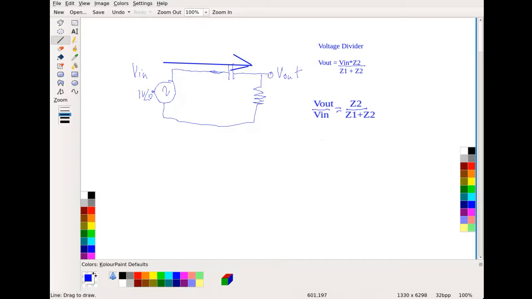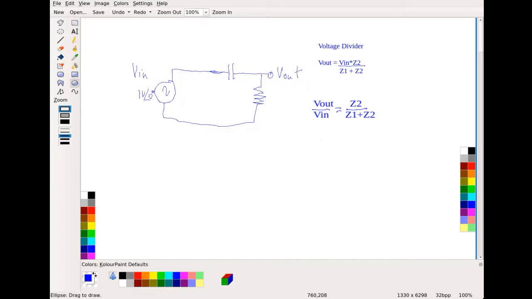It's effectively a series circuit, so that current is going to flow through the resistor here. What we're effectively measuring is how much voltage is at this node, Vout.